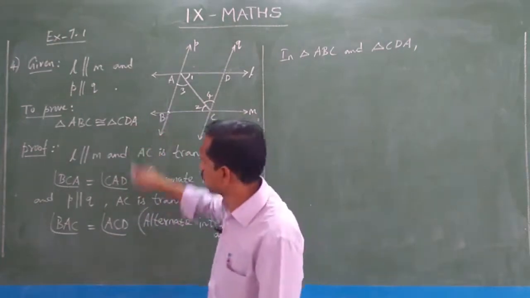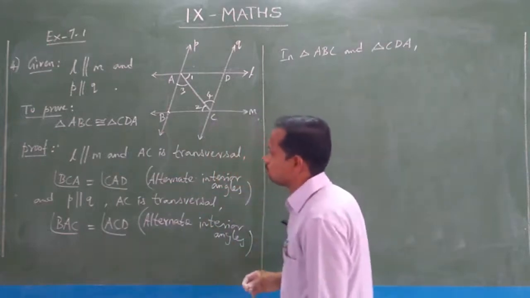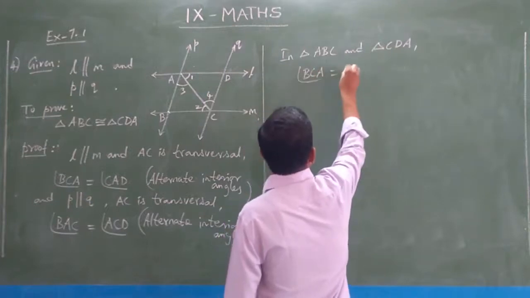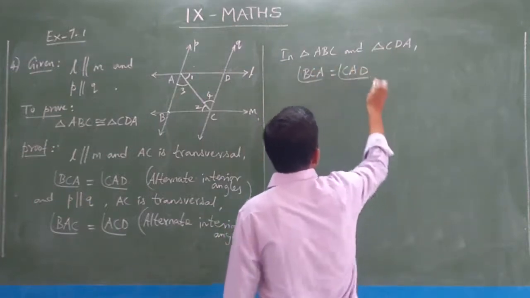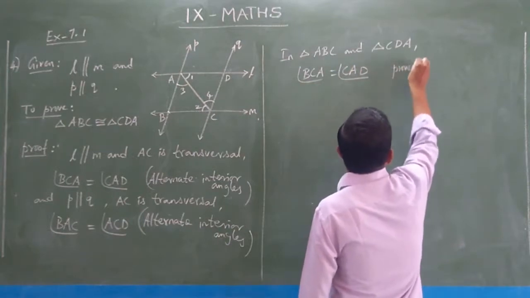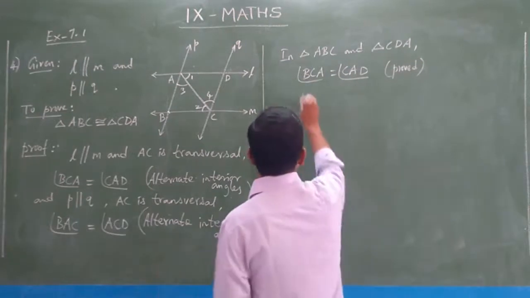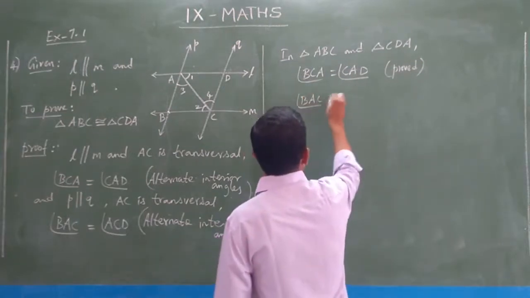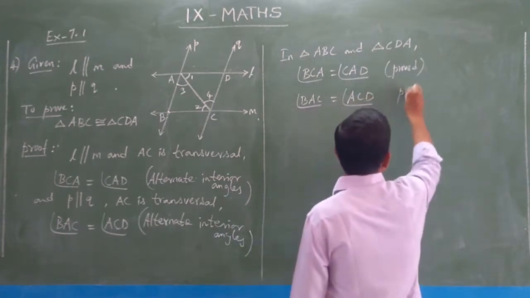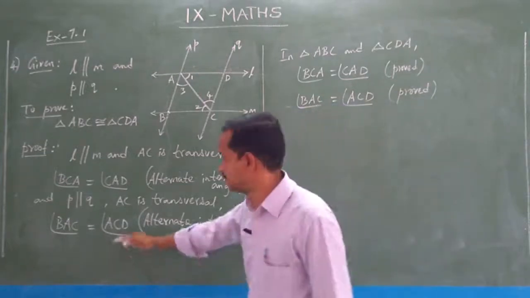So no problem, we can write as it is. So angle BCA is equal to angle CAD, proved here. And next angle BAC is equal to angle ACD, proved. Okay, already we have proved that they are equal.